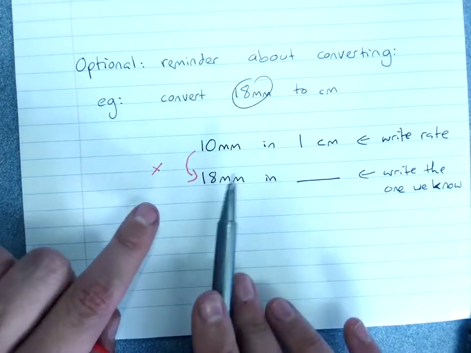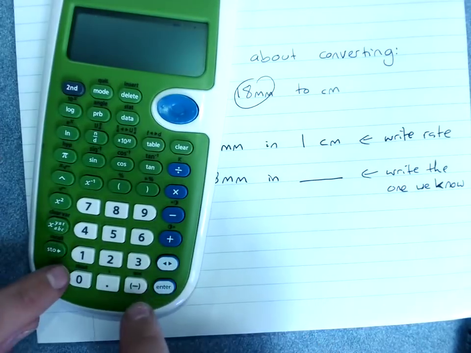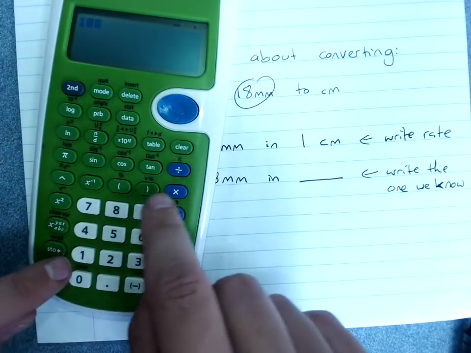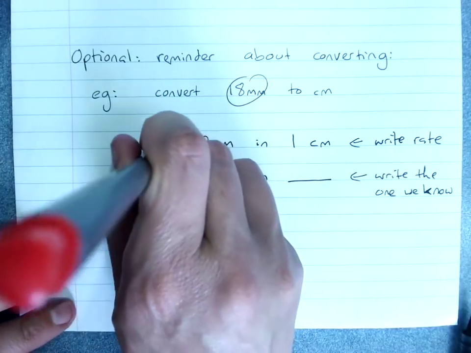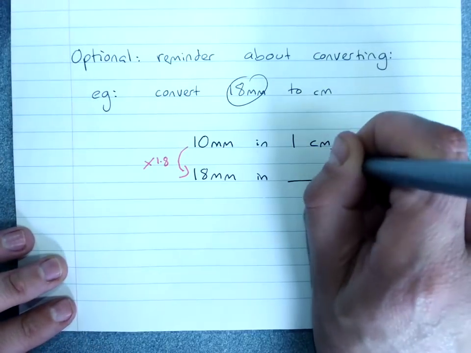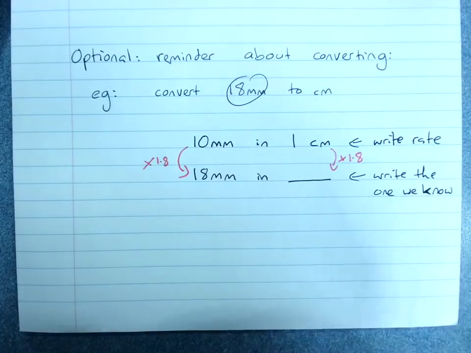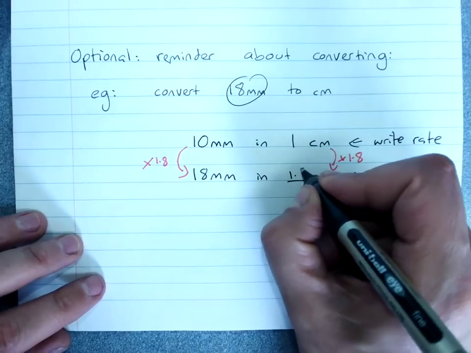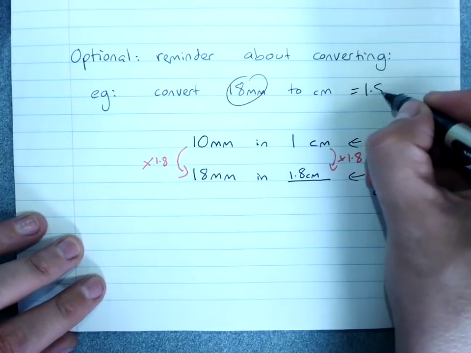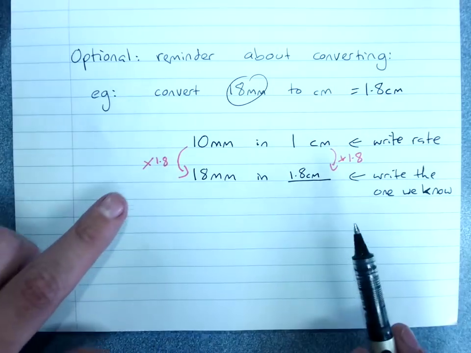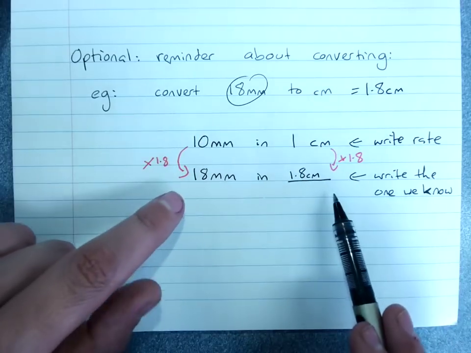Now that's, if you can't tell, remember you divide back to check. 18 divided by 10, oh, it's times 1.8. And so this will be times 1.8. And 1 times 1.8 is 1.8 centimetres. So if you have forgotten how to do the units conversion, there's our little reminder.